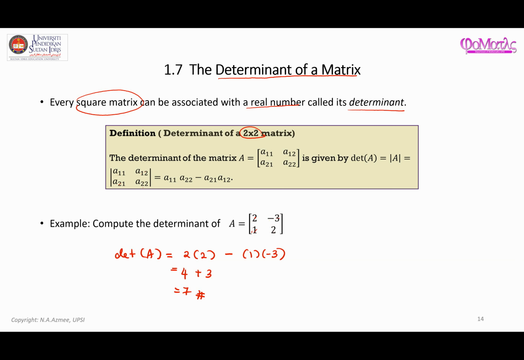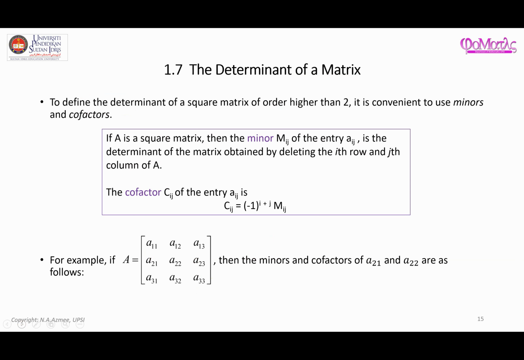Now, if you have a square matrix of higher order, more than 2, finding the determinant is going to take a slightly longer process.